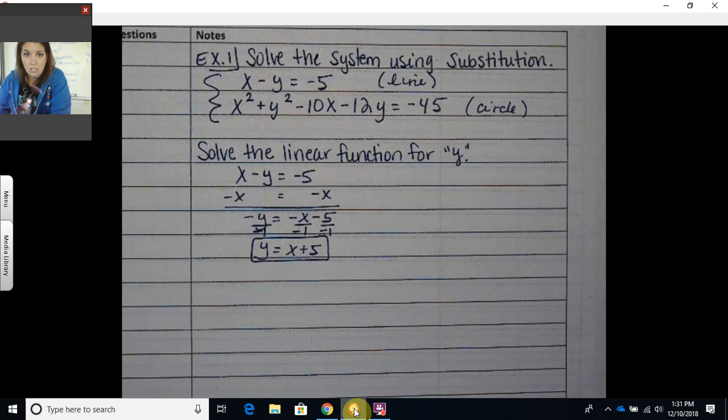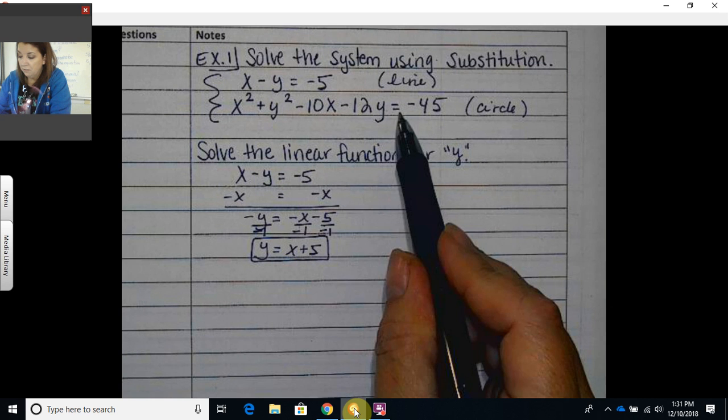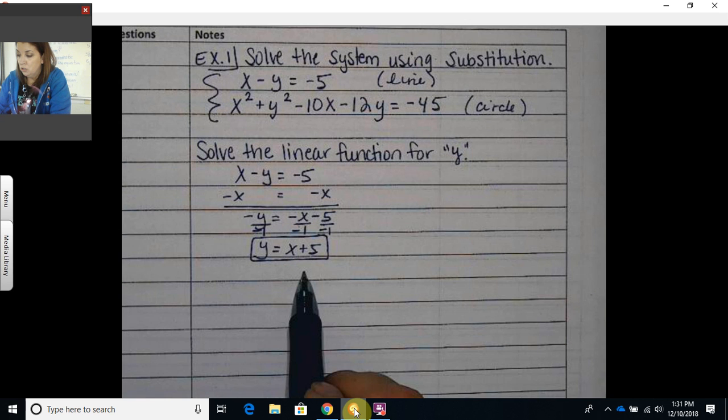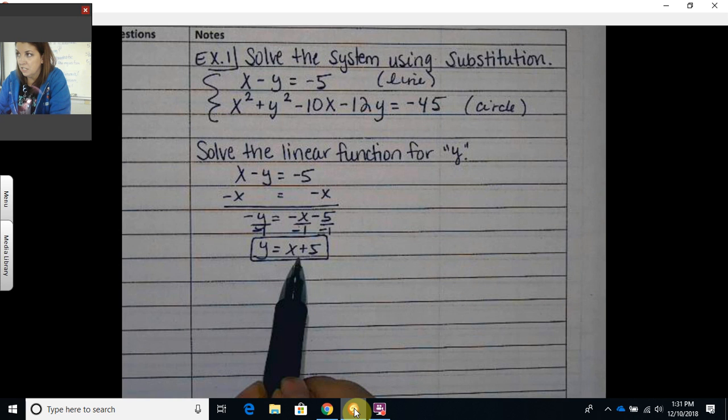So now we are going to substitute into the circle wherever we see a y. We know y is equivalent to x plus 5, okay? So wherever we see a y, we're going to substitute x plus 5 in its place, all right? So let me write a little direction here.